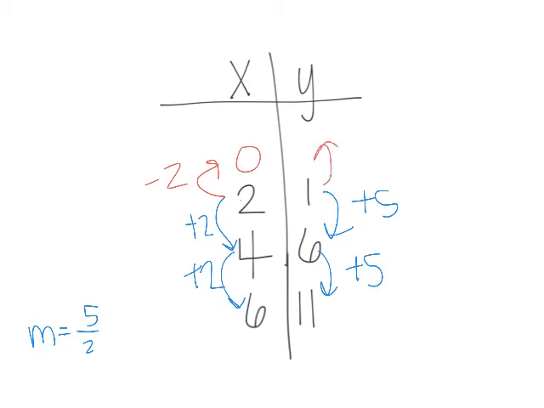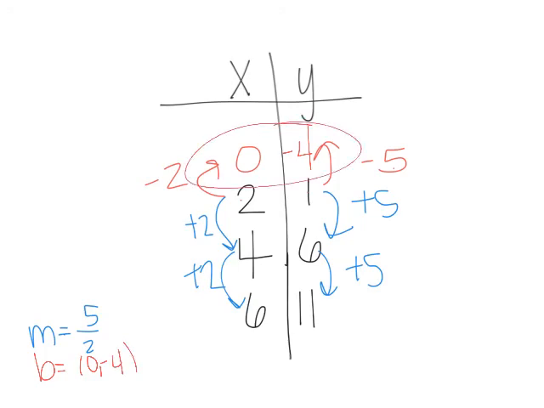So we have to go backwards here, meaning we have to subtract 5. 1 minus 5 is negative 4. So b is equal to 0, negative 4. Our equation: y equals 5 over 2x minus 4.